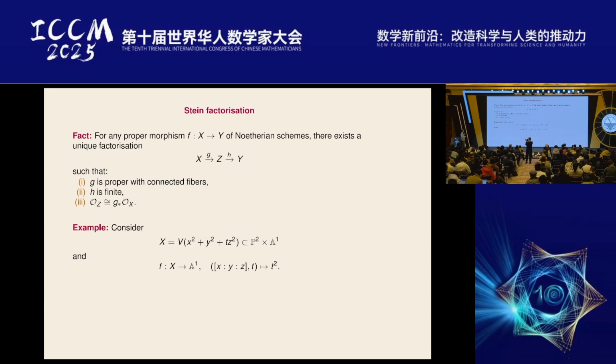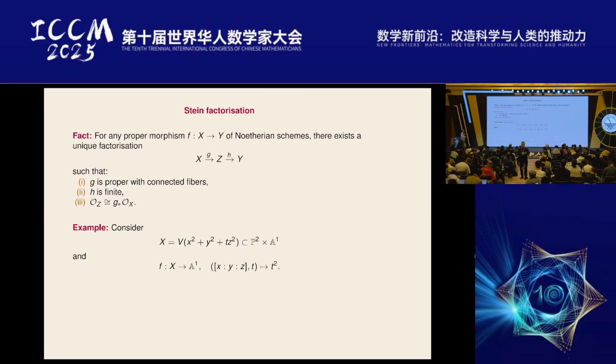Let's take X to be the algebraic variety inside P squared times A1. P squared is the two-dimensional projective space, defined by this polynomial, which has degree 2 in the variables on the projective space, and it has degree 1 in the variable over the affine line.